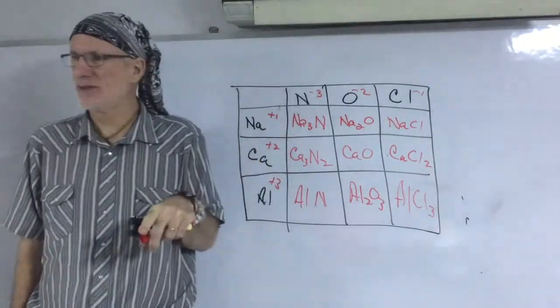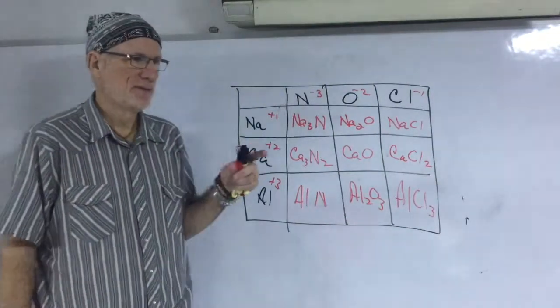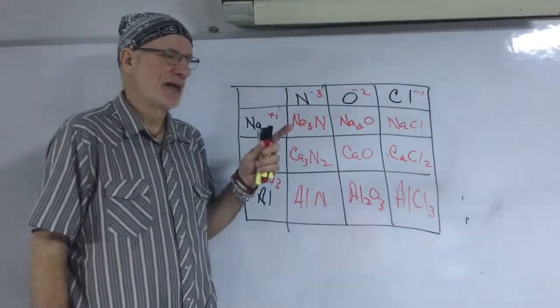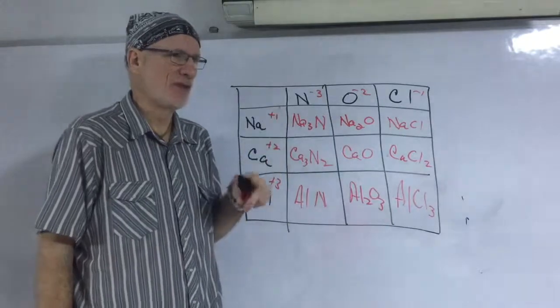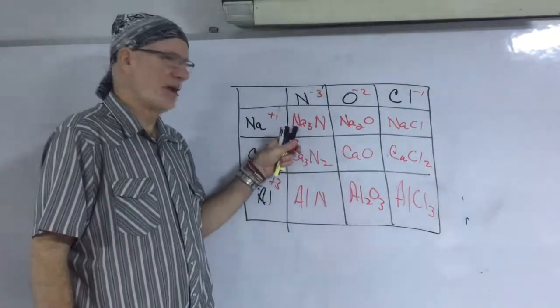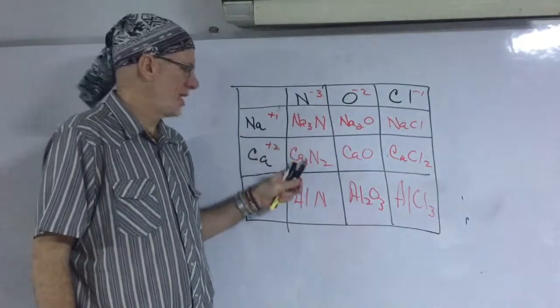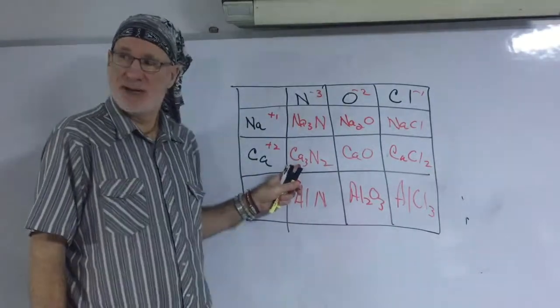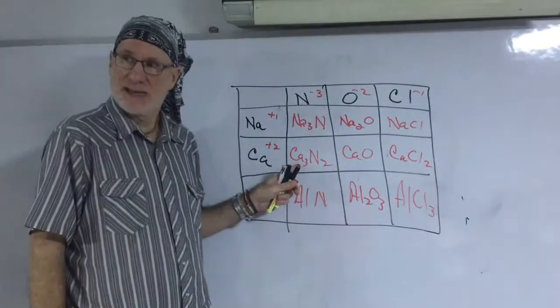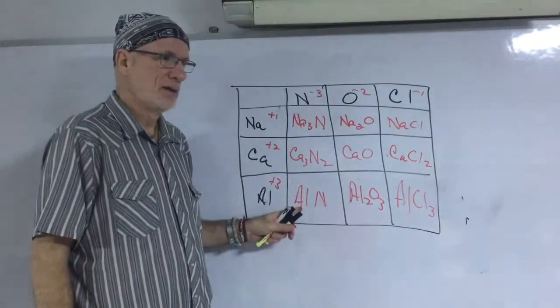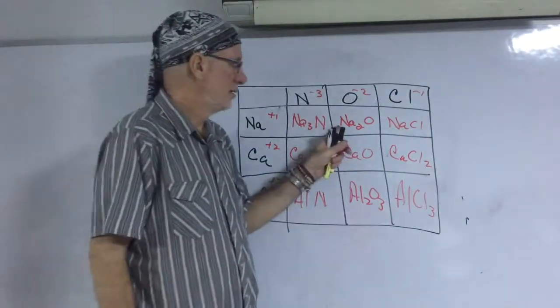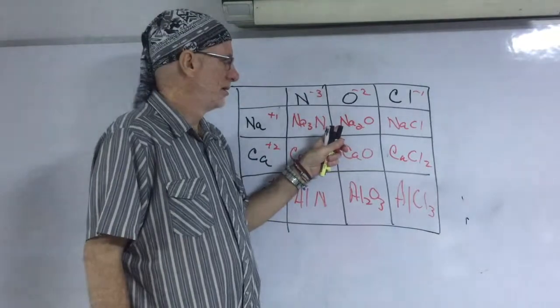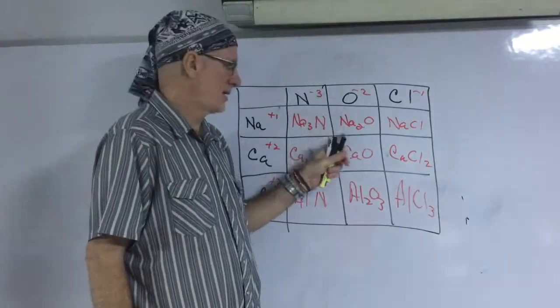With nitrogen and phosphorus, you lose a syllable. Nitrogen, phosphorus, sulfur, you lose a syllable. So this is gonna be sodium nitride. What's this one? Calcium nitride. Sodium oxide.